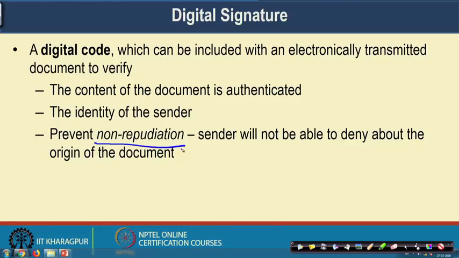This non-repudiation attack is a type of attack where the sender denies that he or she has signed the document. When we prevent a non-repudiation attack, the sender and the receiver will not be able to deny that they have signed the document. So, it works as a verification of the origin of the document. This way the digital signature works pretty similar to a physical signature, only it is a digital entity which is transmitted with an electronically generated document.